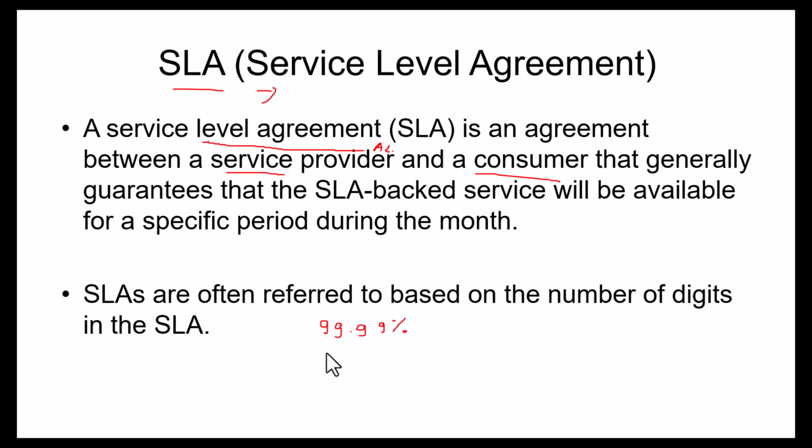And if I deploy a virtual machine using an availability set, I will get the SLA of 99.95%. So the point to note is that SLA is just a percentage by which Microsoft commits that our services will be up.